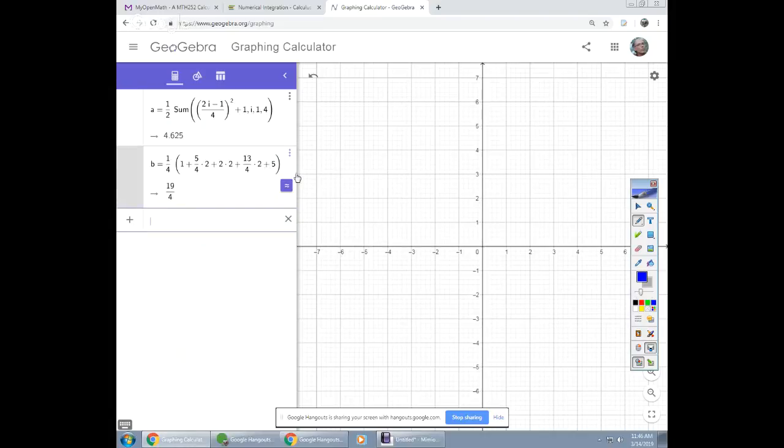If I did that right, I get 19/4, which is 4.75. That is an overestimate. The actual answer is 4.66666. Yeah, so we're a little over. And that should be a little closer than the midpoint rule.